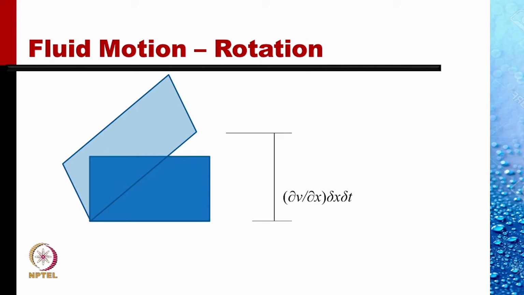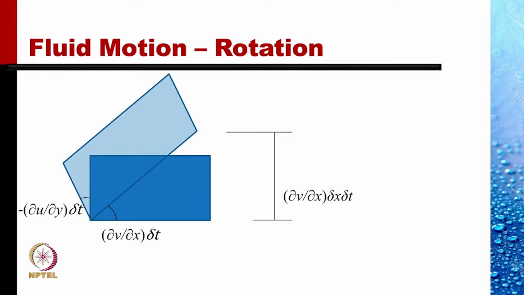So this height in time delta t would be delta v by delta x into delta x by delta t, and therefore the angle through which the horizontal line rotates is dv by dx into delta t in time delta t.